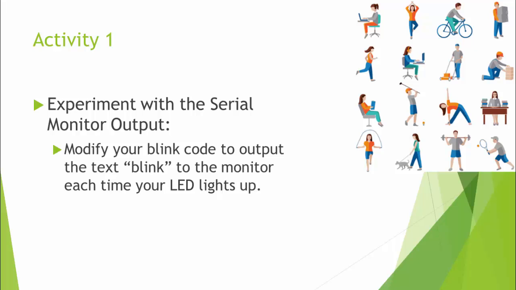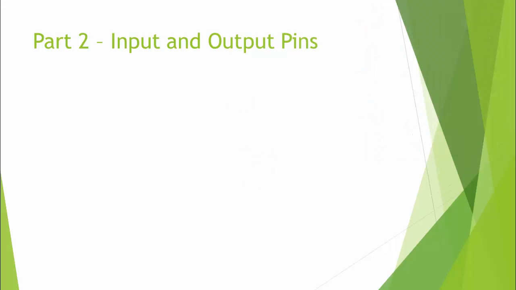But you should, each time that the LED lights up, see the word blink printed into the serial monitor. That's some debugging technology, that's some development technology, and it's incredibly important.